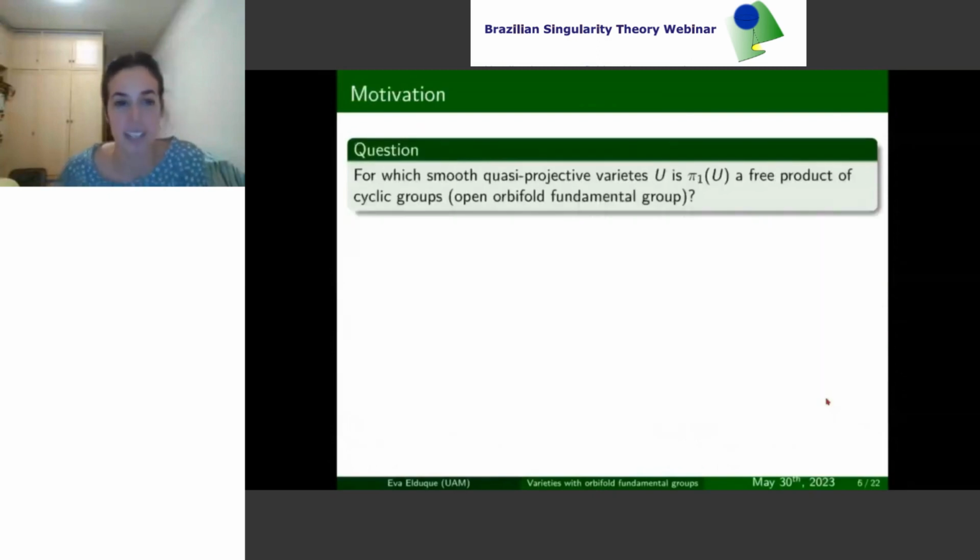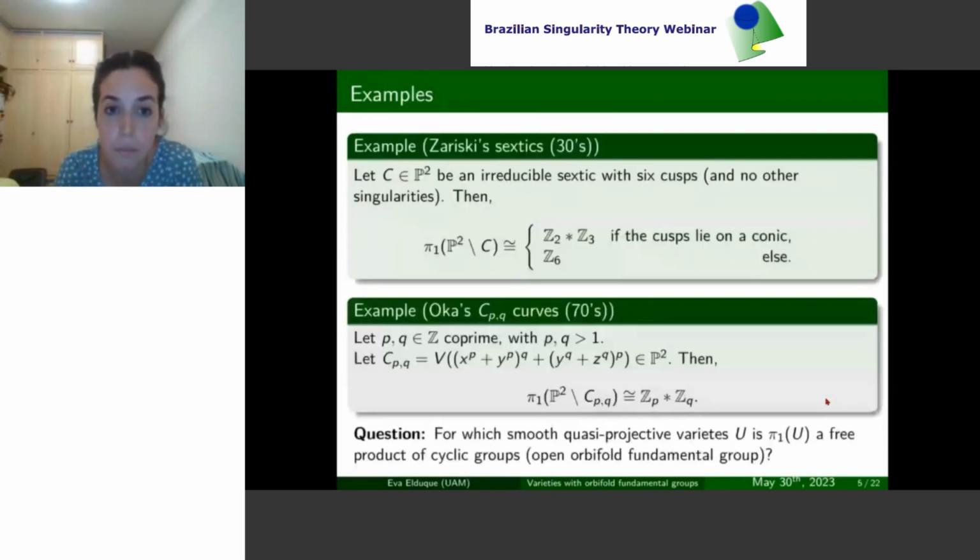All right, so I just copied the motivating questions from the previous slide over here. Excuse me, a quick question. Does the sextic curve come from Oka's example as well?